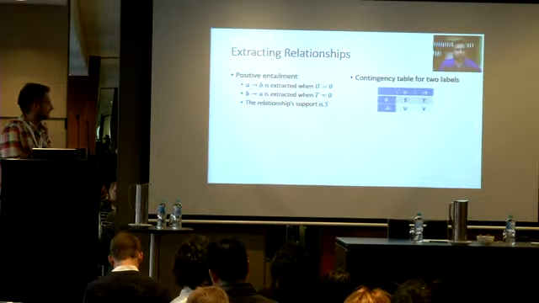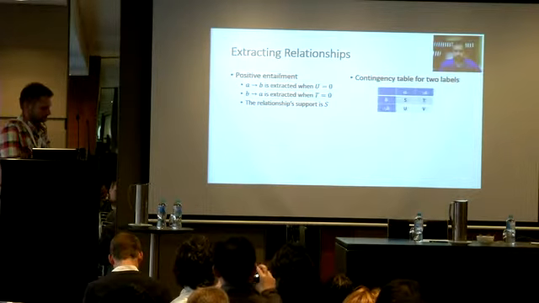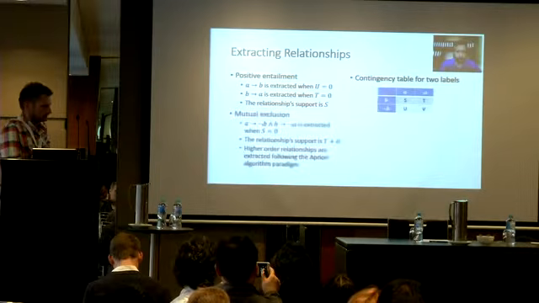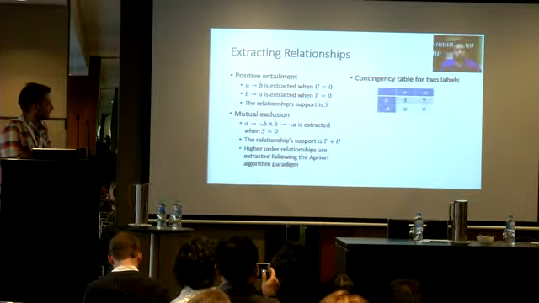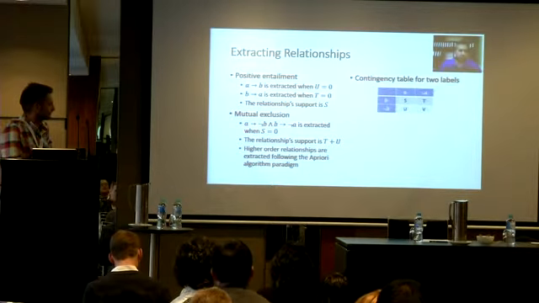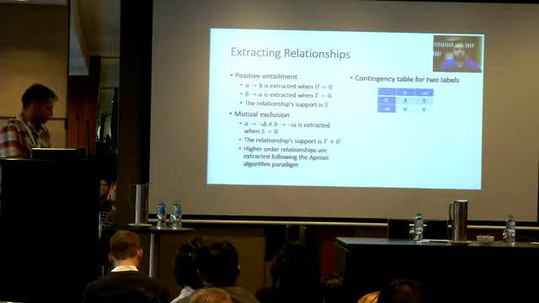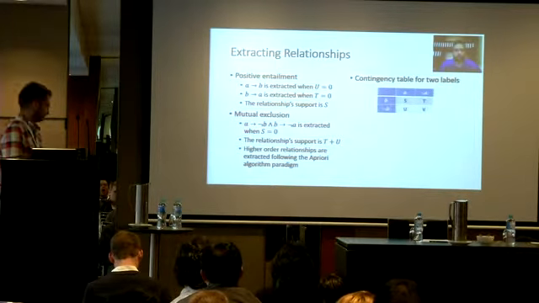In both cases, the support of the extracted relationship is equal to S. Mutual exclusion among labels A and B is extracted when S equals 0, and the support of this relationship is equal to T plus U. Relationships among more than two labels are extracted following the principles of the Apriori algorithm.